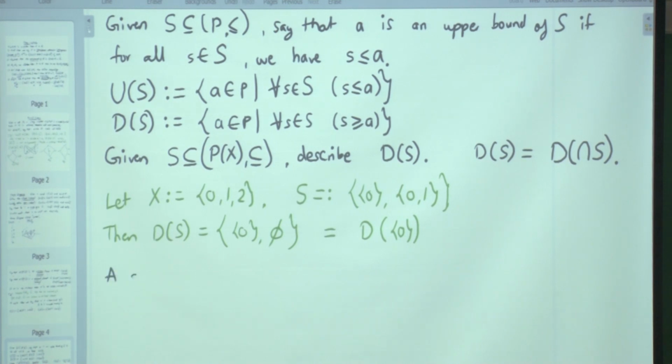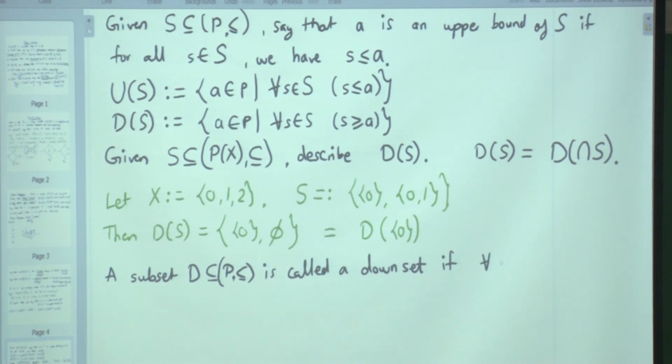A subset D of P is called a downset if for all b in D and for all a less equal b, a belongs to D.